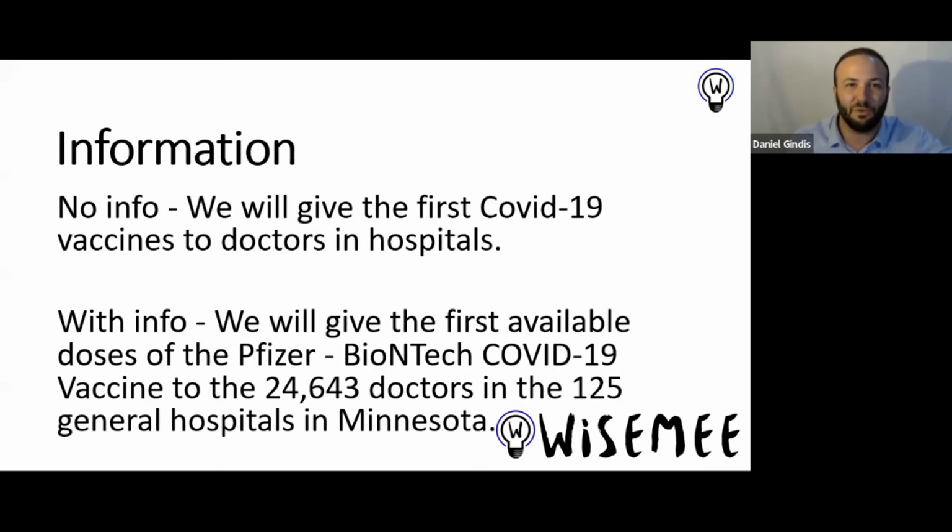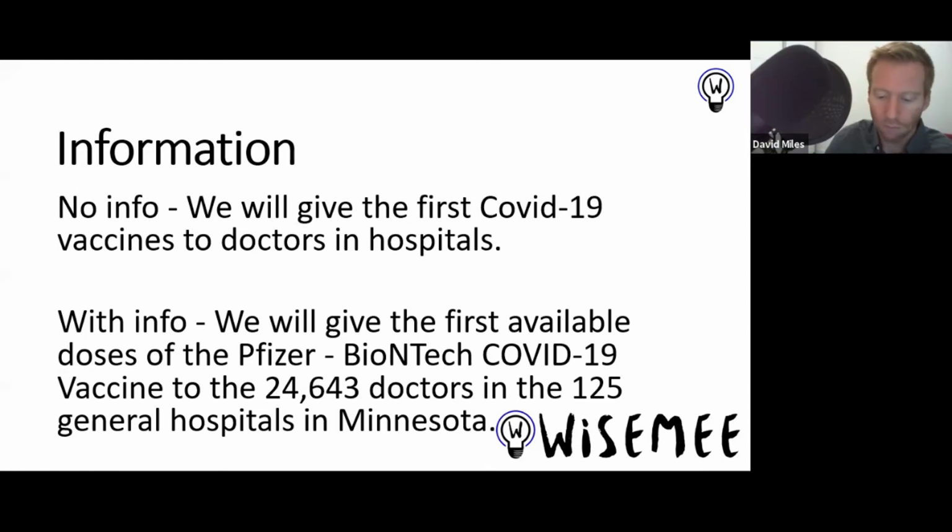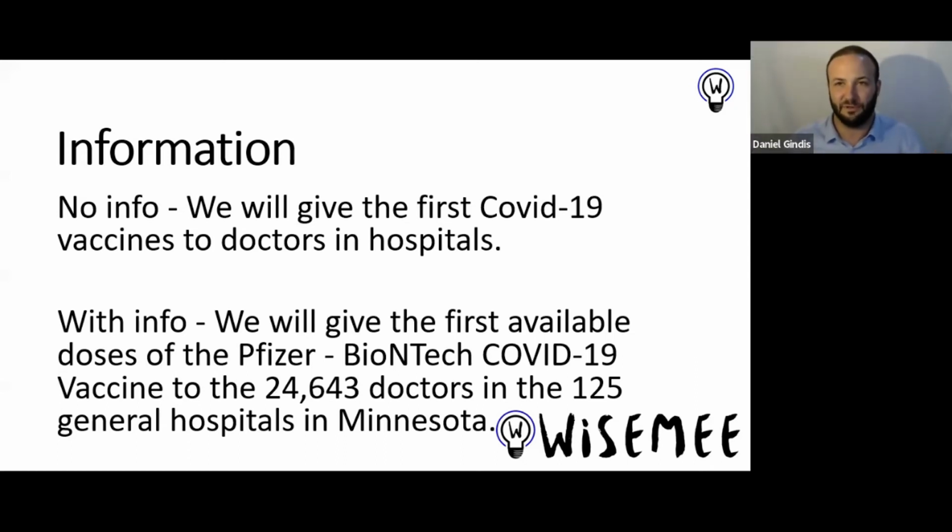Okay, so with information and hard facts, let's look at an example. No information is: we will give the first COVID-19 vaccines to doctors and hospitals. That's a well-meaning thing, but it's not specific. Taking an example of how I want to make a difference in the United States: we will give the first available dose of the Pfizer-BioNTech COVID-19 vaccine to the 24,643 doctors in the 125 general hospitals in Minnesota.